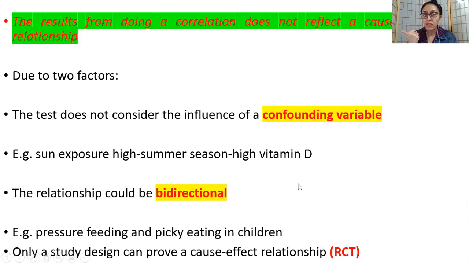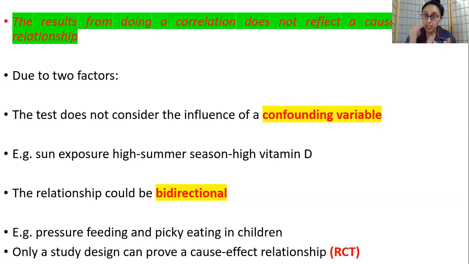So low vitamin D levels may not only be because of sun exposure, it could be because of cultural and ethnic background. Why? Because we know that certain individuals in Muslim cultures, not all, practice wearing a hijab or a burqa, where you're covering a lot of your body parts, meaning less exposure to the sun.